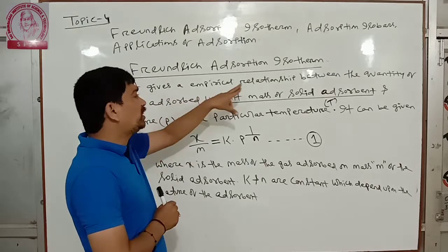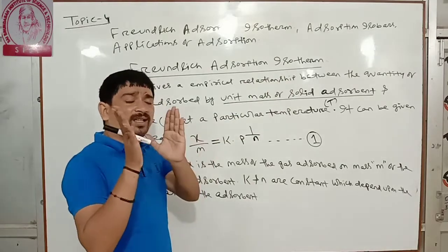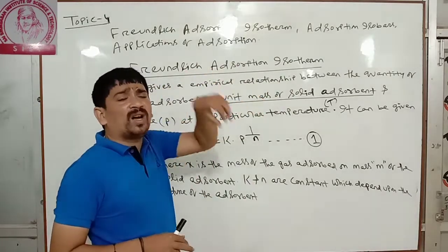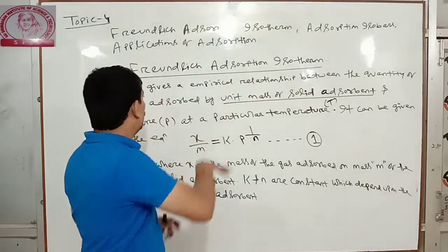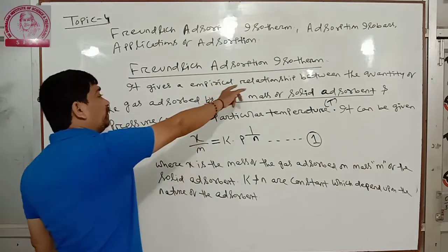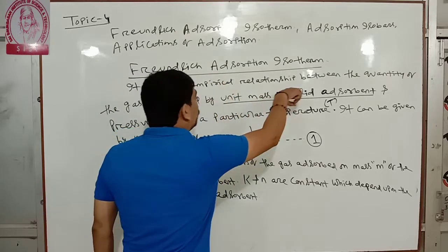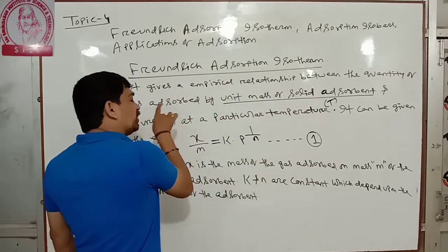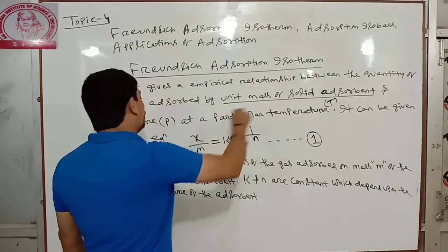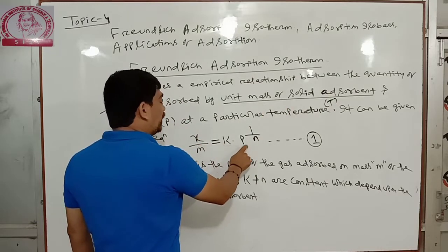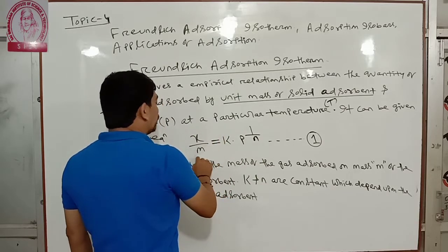First, it gives a relationship between the quantity of the gas adsorbed by unit mass of solid adsorbent at a pressure P and at a constant temperature. It is given by the equation x by m equals k times P to the power 1 by n, where x is the mass of the gas adsorbed and m is the mass of the adsorbent.